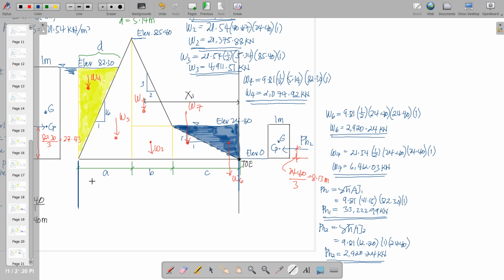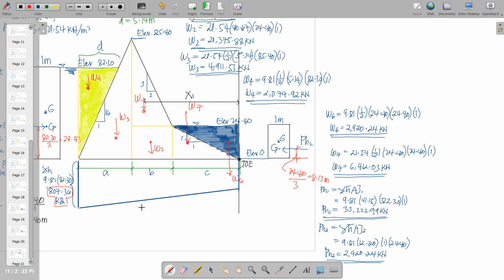Of course, we will be having a trapezoidal orientation of our base pressure. So in here we have a pressure of gamma times H1, and that is 9.81 by 82.3.